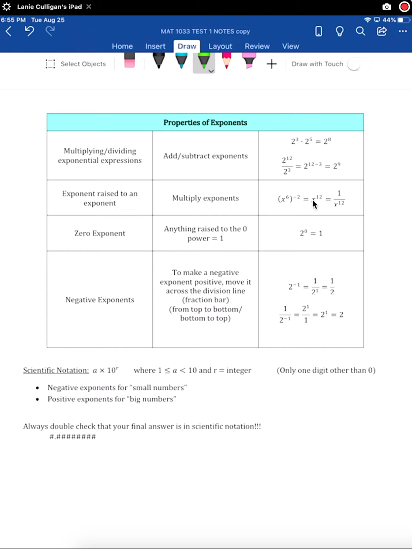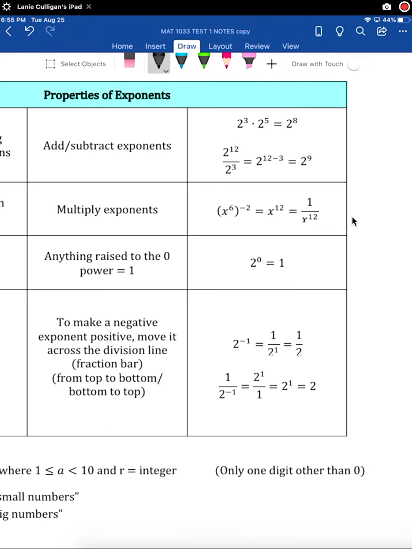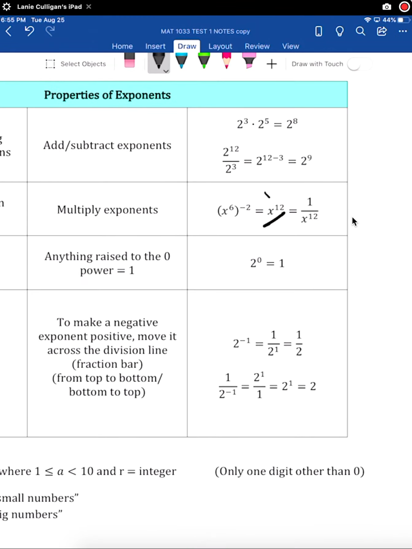Remember, if it's a negative, we're going to flip it down to the bottom. This, I just noticed, this should be a negative 12. X to the negative 12.